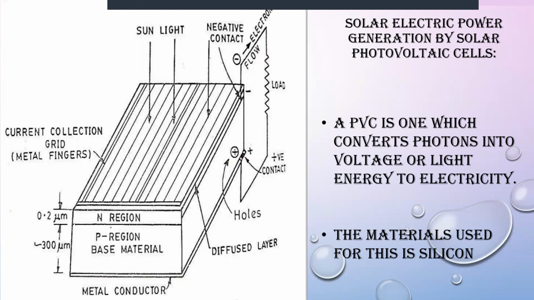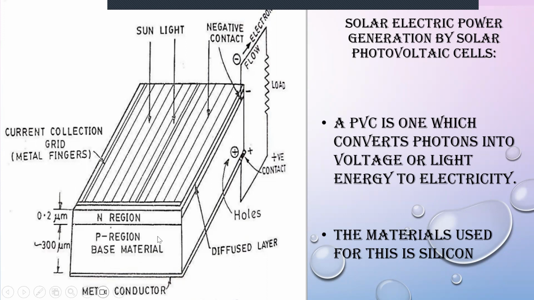Similarly, the P junction is formed by doping the silicon with boron, because boron has 3 valence electrons in its outer shell, so it creates a positively charged hole.